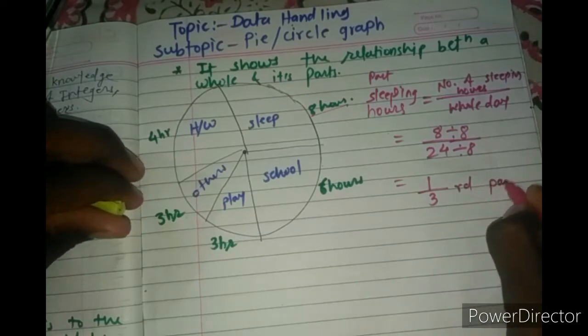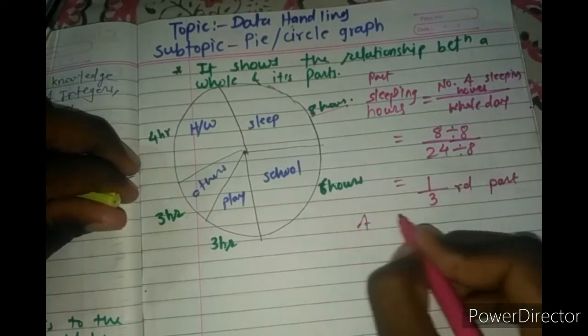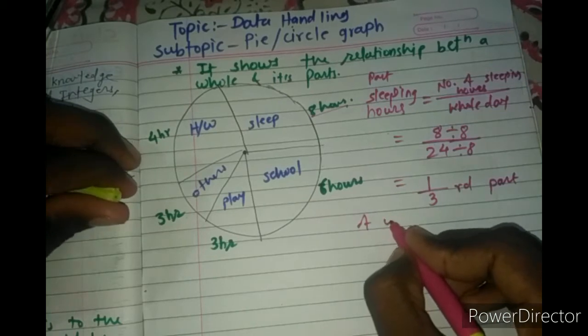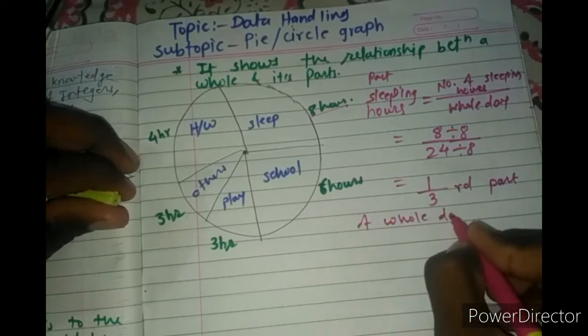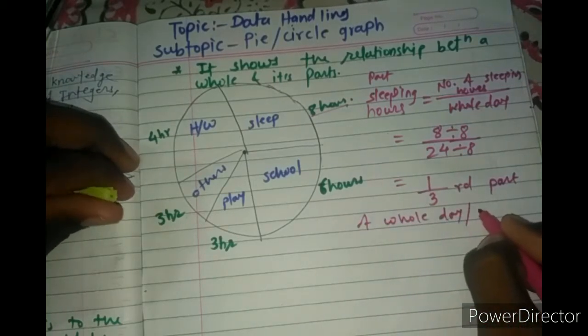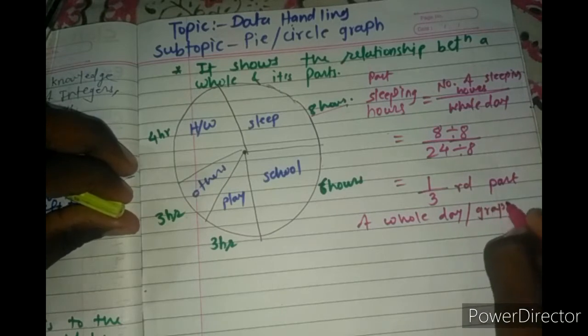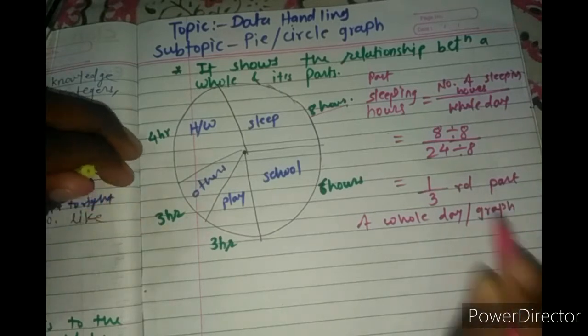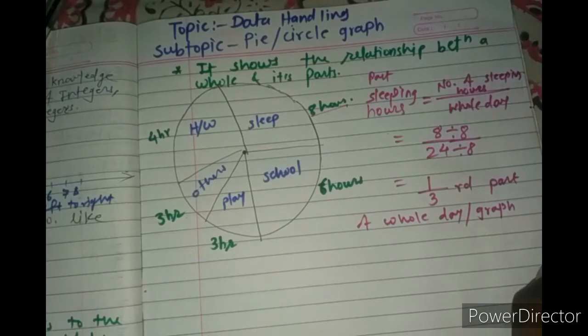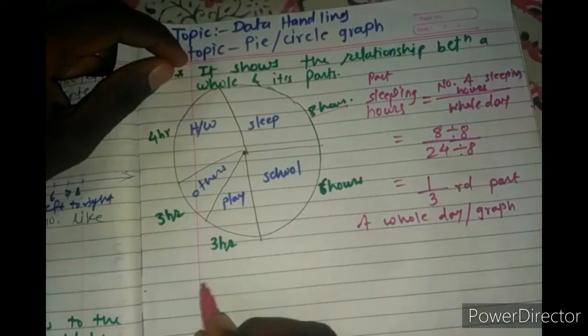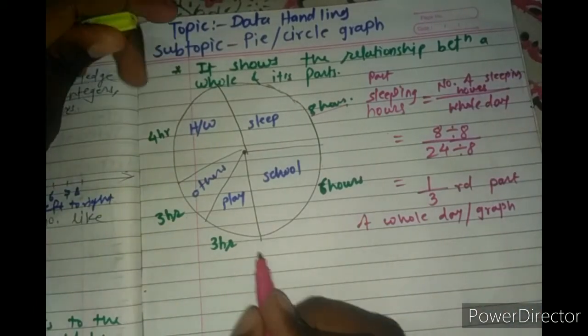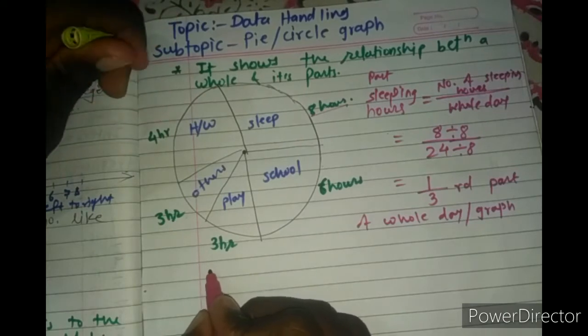So 1 by 3 part of the circle, or whole day graph, represents the sleeping part, right? The part of sleeping hours is 1 by 3. In this way you can find the part for all the activities.